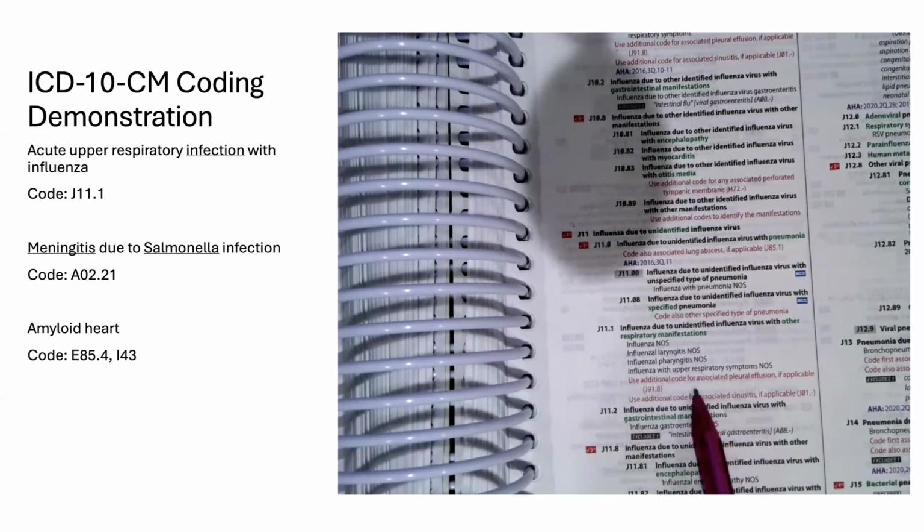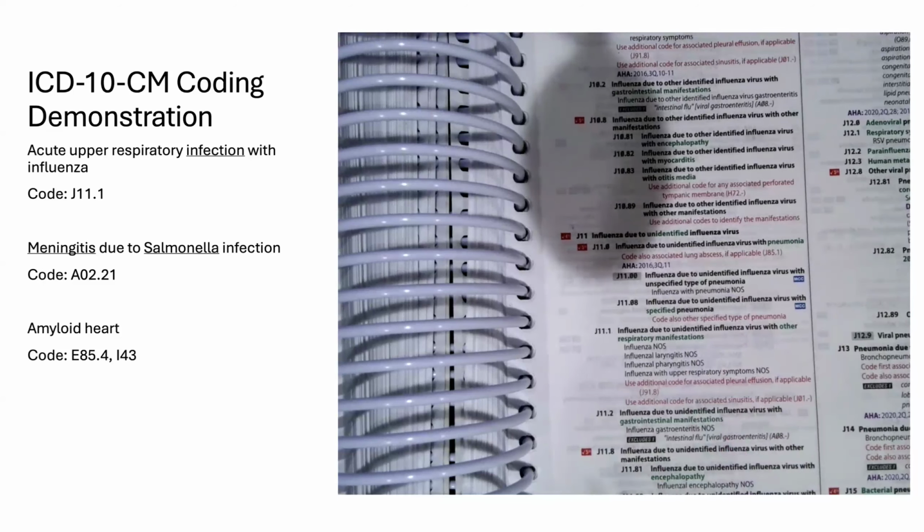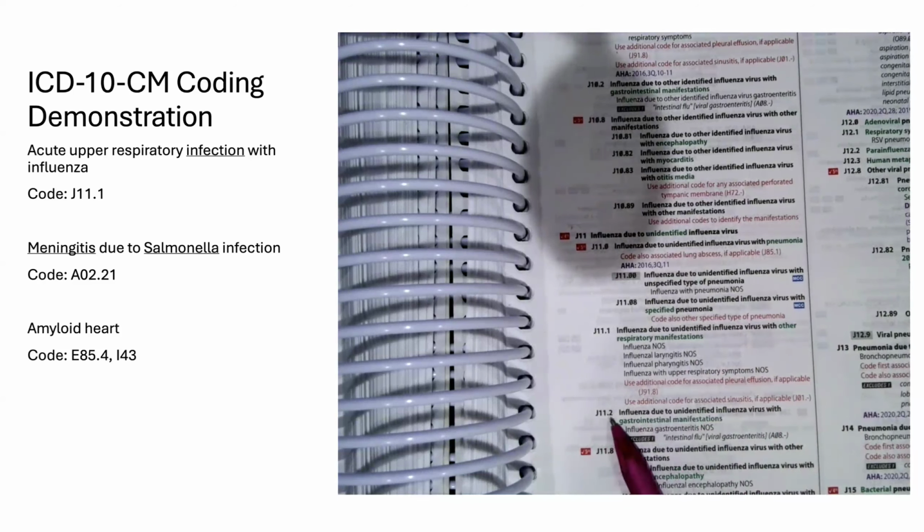If there's associated sinusitis, use additional code, and then it's telling you where to refer to find that code. That's why you always come here and verify in the tabular list, because you need these instruction notes. You also have your includes and your excludes. So excludes 1, intestinal flu. If this was influenza due to unidentified influenza virus with GI manifestations, this is telling us, wait a minute, that code actually excludes intestinal flu.